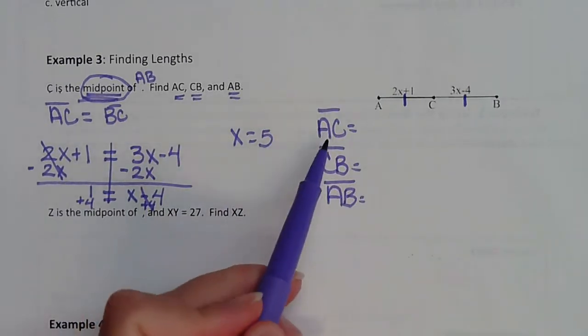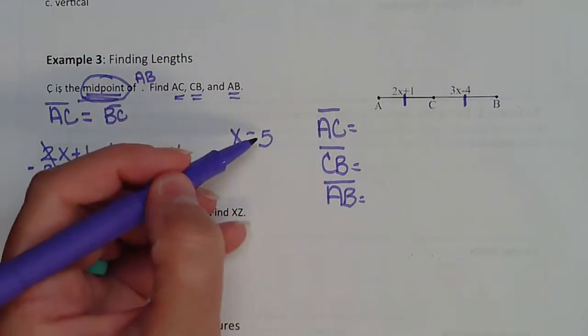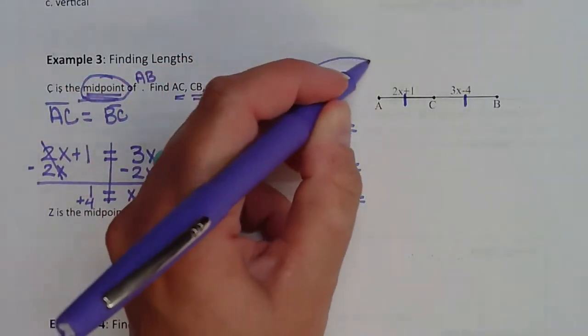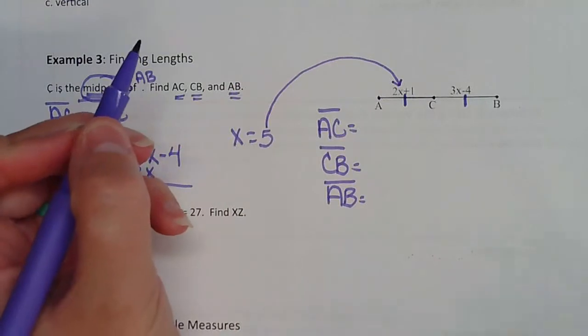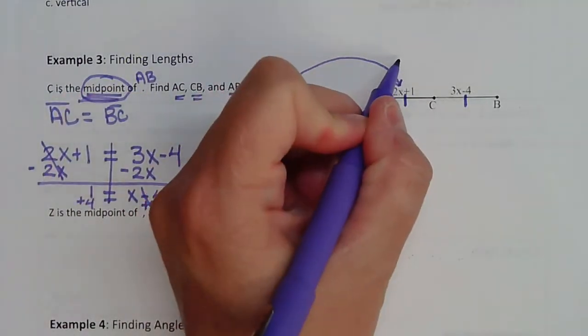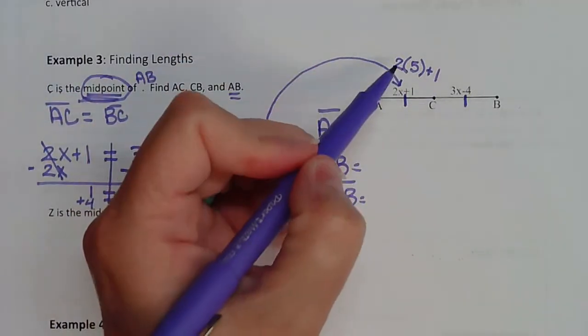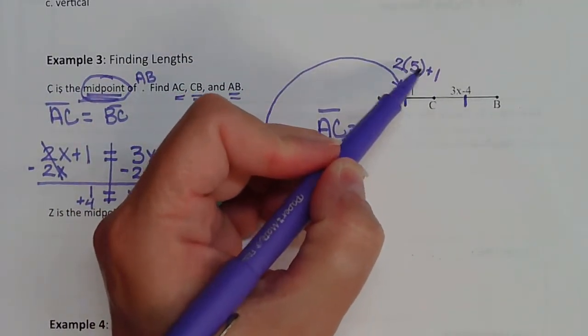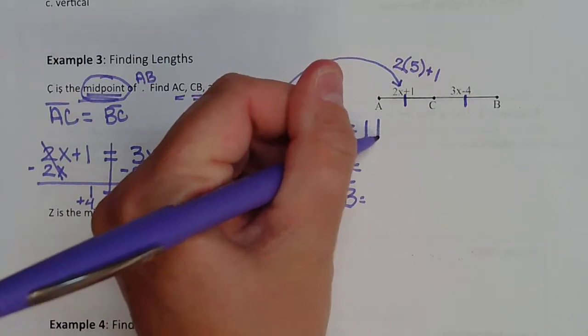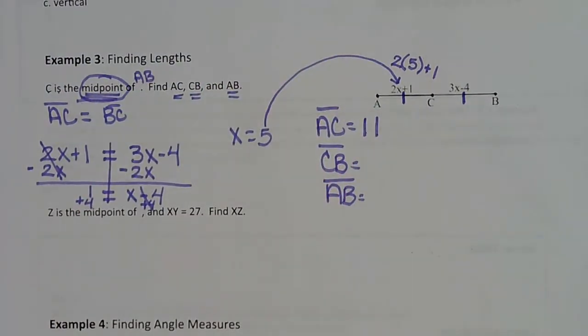So if I want to figure out the length from A to C, if x equals 5, you're going to plug and chug it in, substitute it in. There's the mathy term. So you do 2 times 5 plus 1. 2 times 5 is 10. 10 plus 1 is 11. What's the length from C to B? 11.